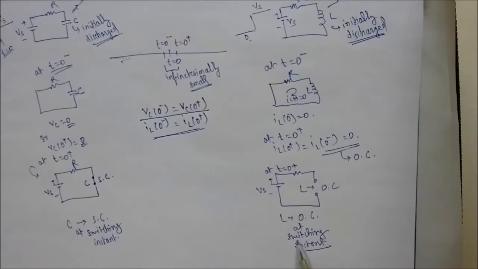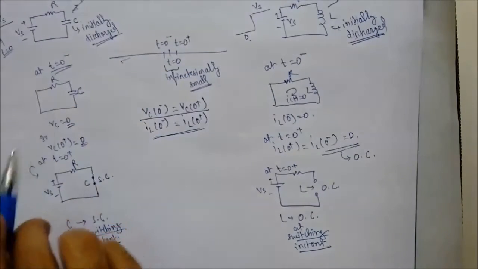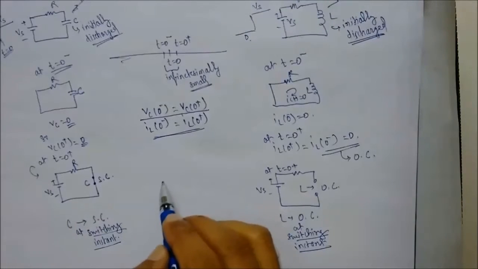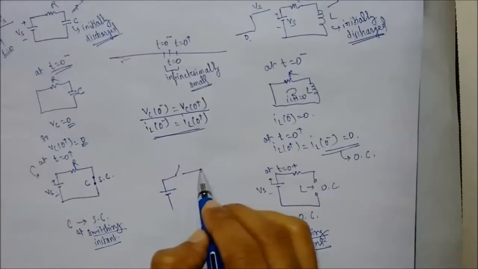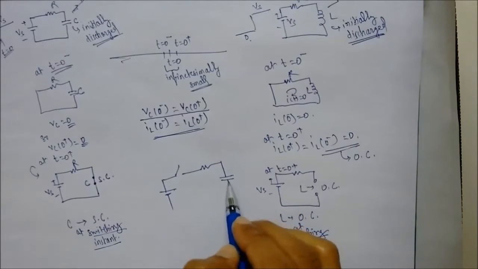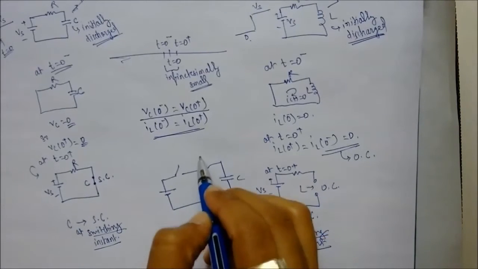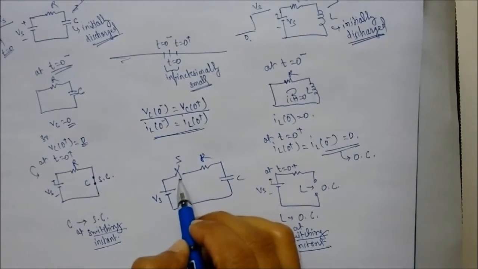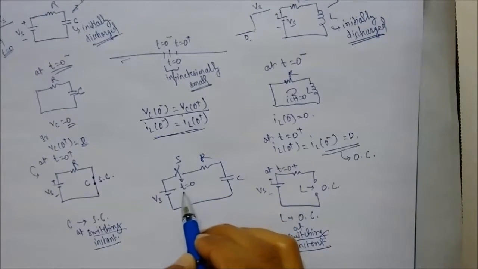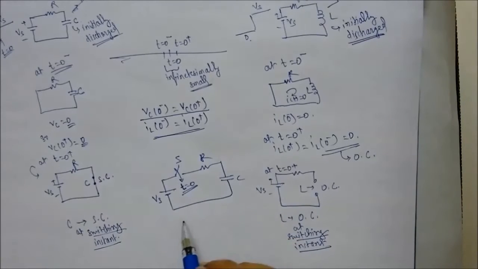Now we are saying that at the switching instant, instead of applying a step input, we can also represent it in the form of a switch. This switch will be closed at t equal to 0, let's say.